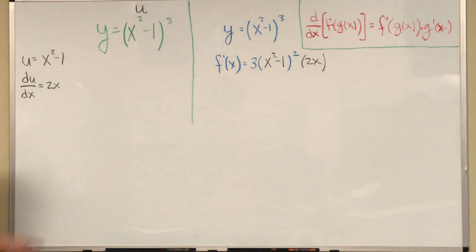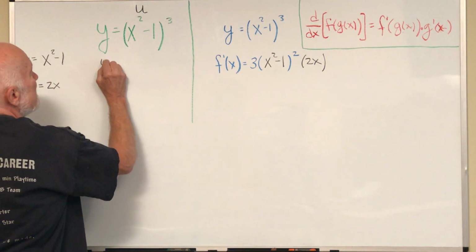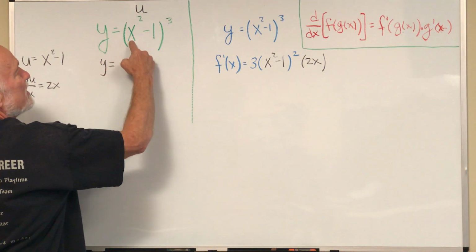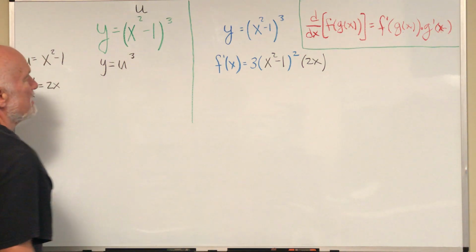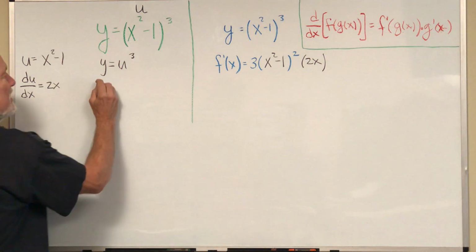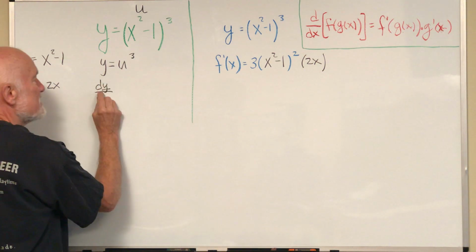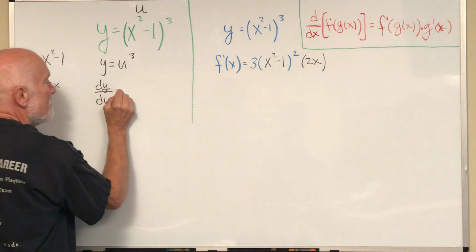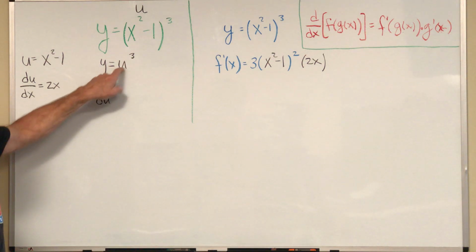And if we rewrite this as y equals u cubed, now if you just look at this, can we take the derivative of y with respect to the variable u? Well, it's not x cubed, it's u cubed.